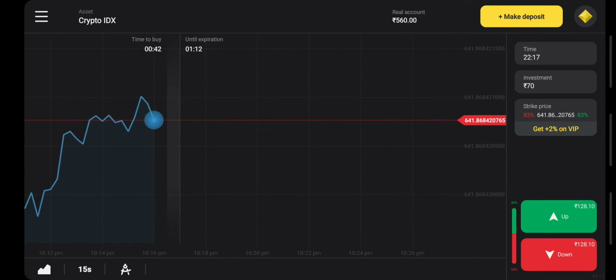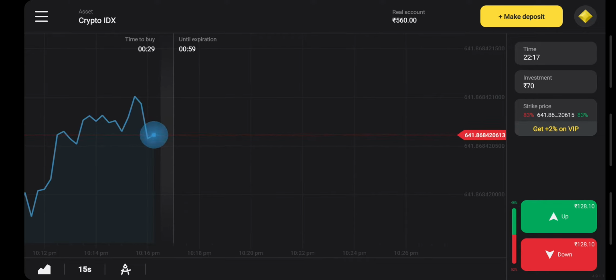On the right hand side below, you can see an up arrow and a down arrow, and on the graph there is a time to buy option. Time to buy is the time in which you have to make your decision whether you predict the price is going to go up or come down, and expiration is the time till which that prediction will hold.